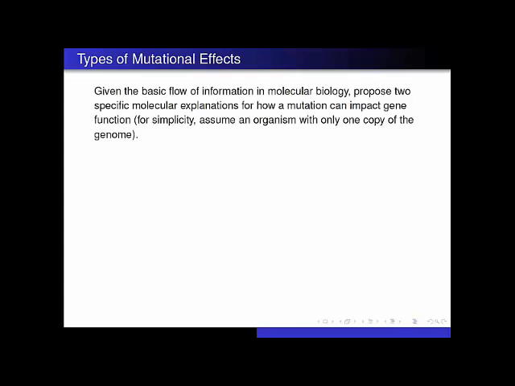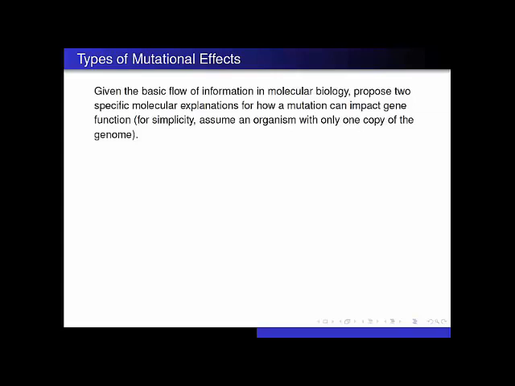Well, let's say the gene is just a way station to function, some kind of downstream thing that we could see. Maybe the organism used to have orange eyes and now it has white eyes, or something like that. So genes carry out functions through the information flow that I just presented to you, DNA, RNA, protein.